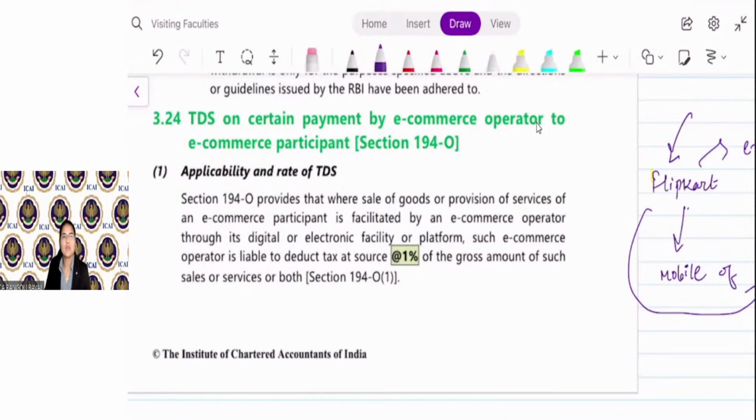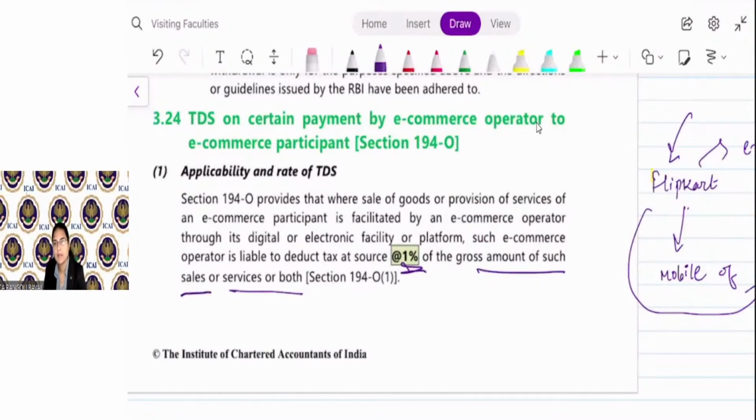Okay. So 194O provides that where sale of goods or provision of service of an e-commerce participant is facilitated by an e-commerce operator through its digital or electronic facility or platform, such e-commerce operator is liable to deduct tax at source at 1% of gross amount of such sale or service or both.